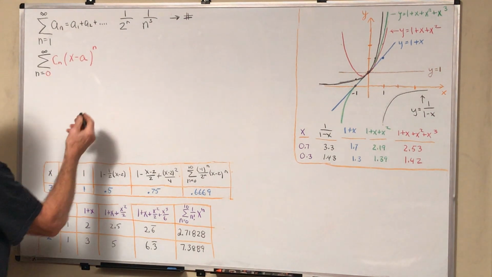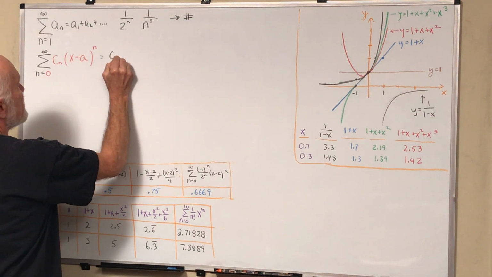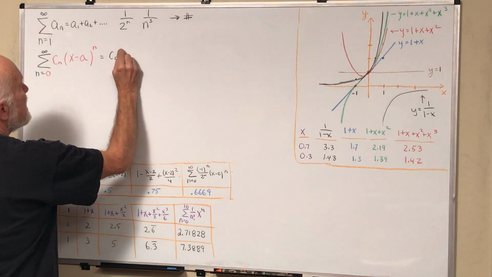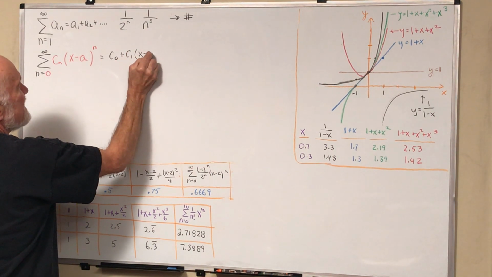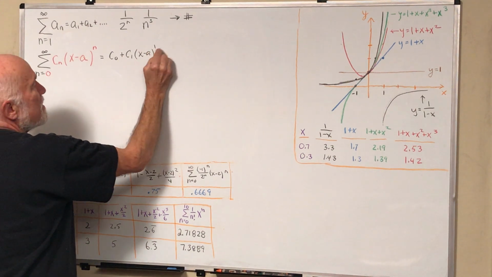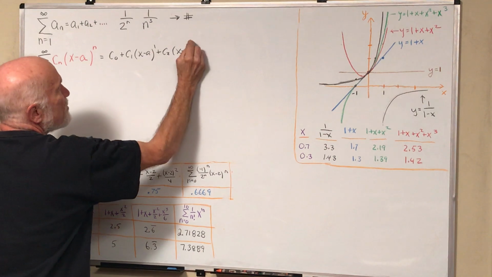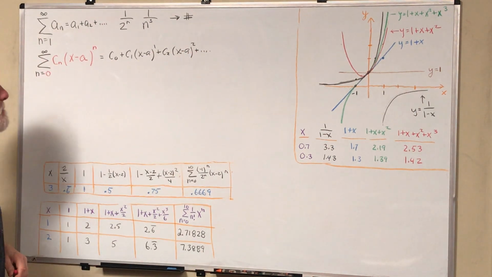So what is it going to look like when you write it out? When n is 0, you get c sub 0 times something to the 0 power, so that's just 1, plus c1 times x minus a to the first, plus c2 times x minus a squared, and it keeps going. It's an infinite series.